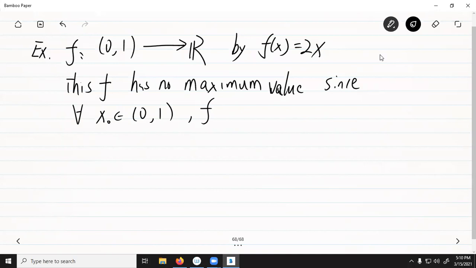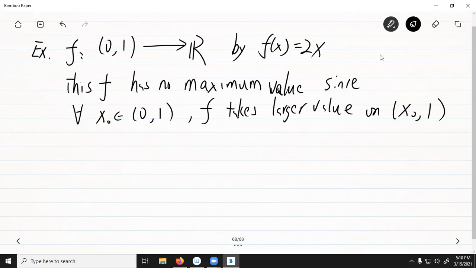So f always takes larger values on the interval from x0 to 1, right? For any number x0, you can always find some values between x0 and 1 such that this f value is greater than f of x0. Since x0 is arbitrary, there is no maximum. You cannot obtain the maximum value.